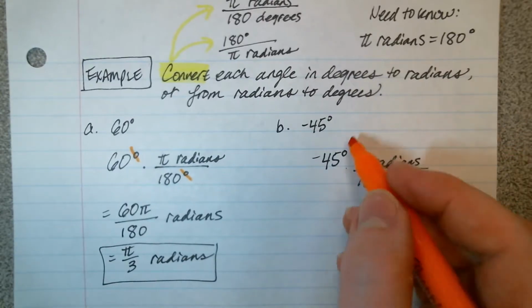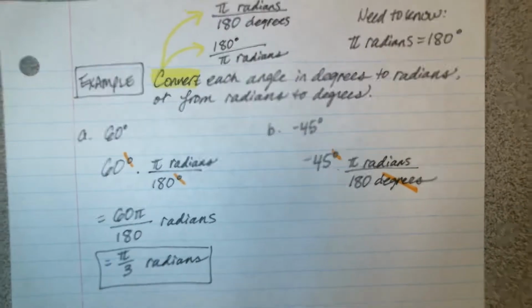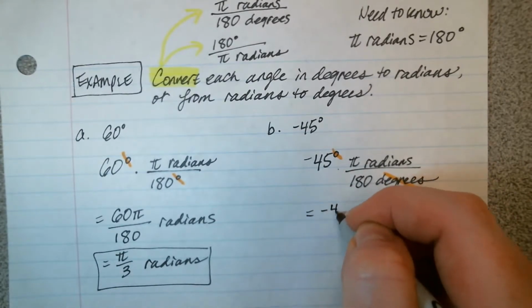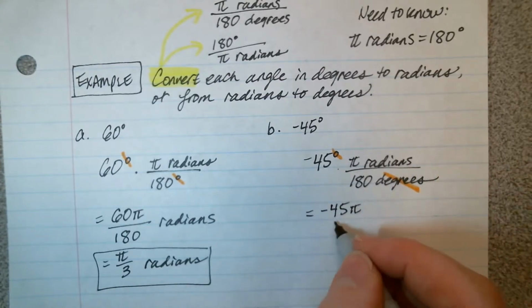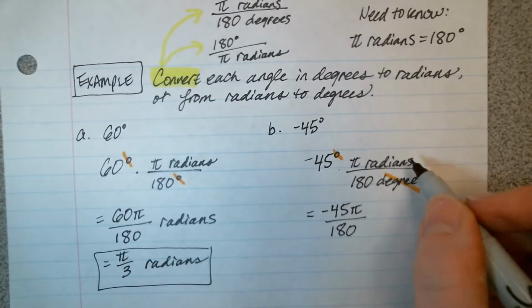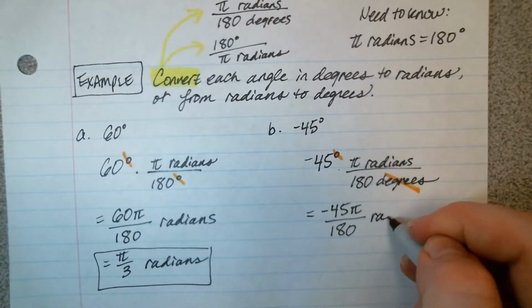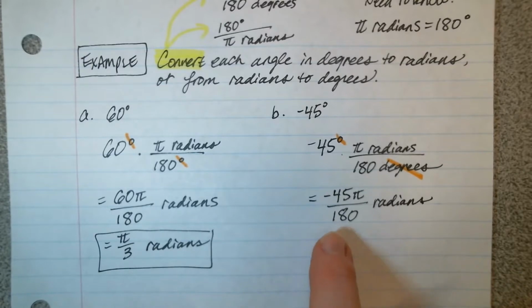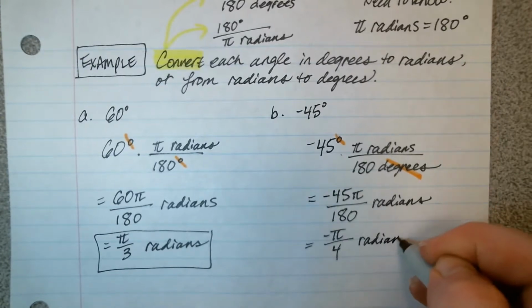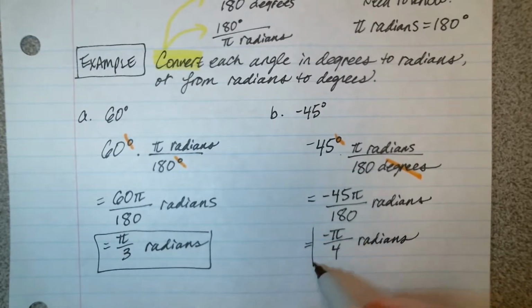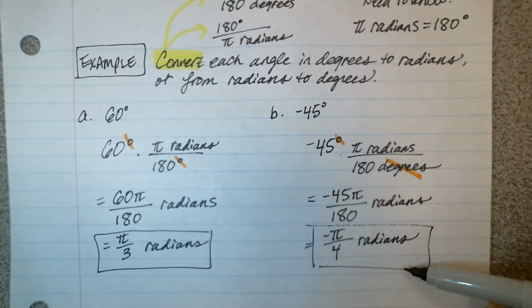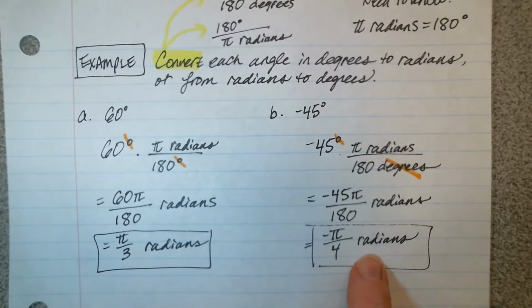So degrees cancel and I'm left with radians. So I have negative 45 pi over 180 radians. And then simplify this fraction as much as you can. So you can see that negative 45 degrees is the same as negative pi over 4 radians. And make sure you write your units.